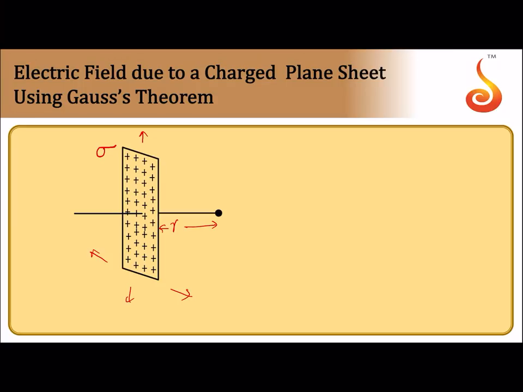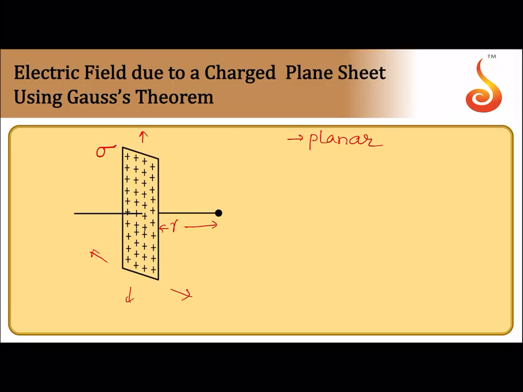That means the steps. What are all the steps? Again, you may wish to recall, the first step is to identify the symmetry. What type of symmetry is that? It is planar symmetry. If it is a planar symmetry, the question is what kind of Gaussian surface should be chosen?